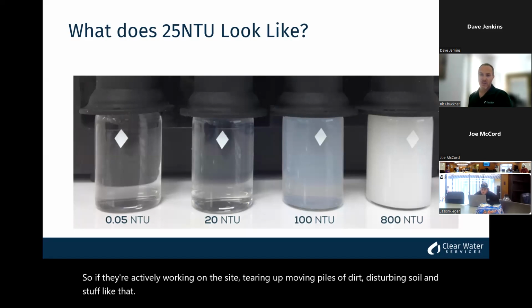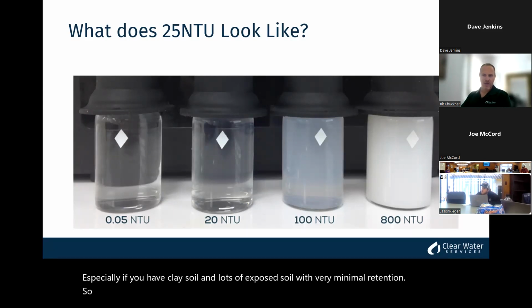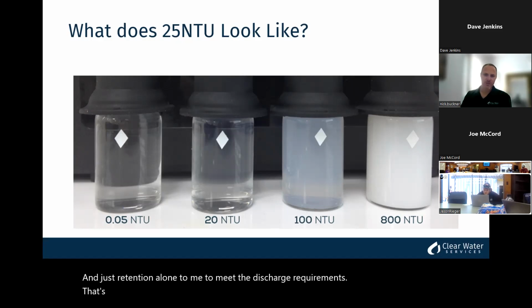Especially if you have clay-like soil and lots of exposed soil with very minimal retention. So it's hard to rely on gravity settling and retention alone to meet the discharge requirements. That's where active treatment becomes the next best management practice.